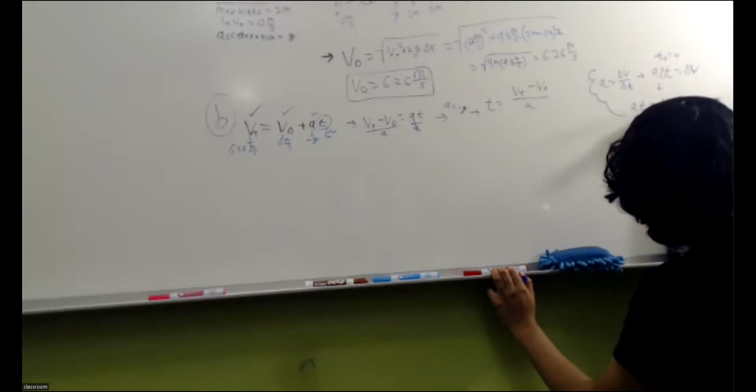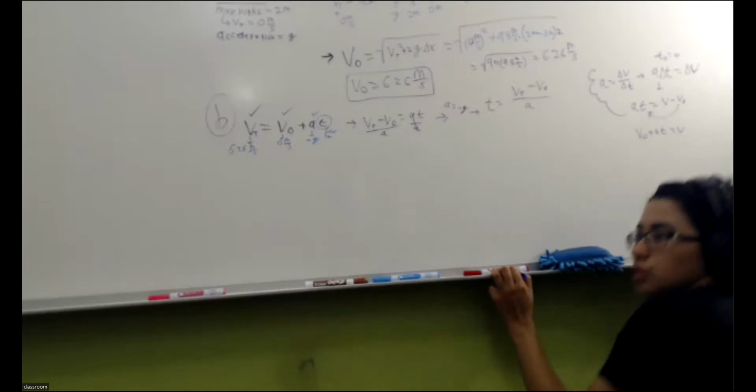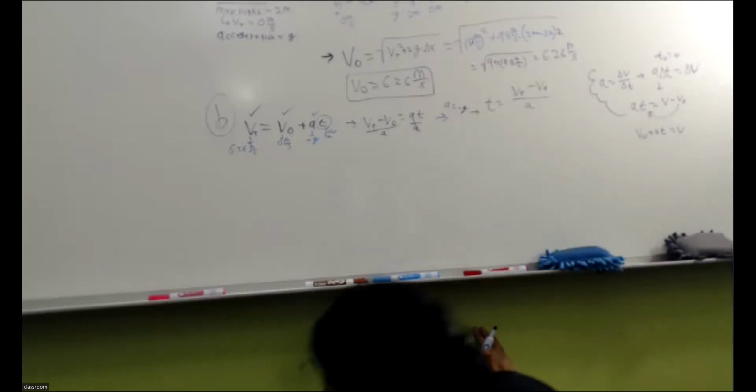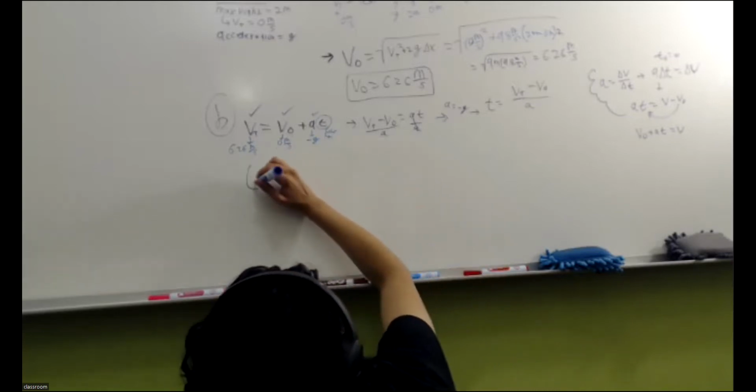To get rid of the negative, you move V naught over. That's something that we should have already learned from previous classes. Anyway, I digress. We plug in for T.